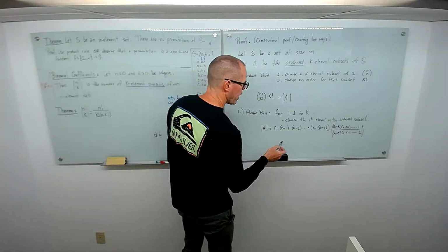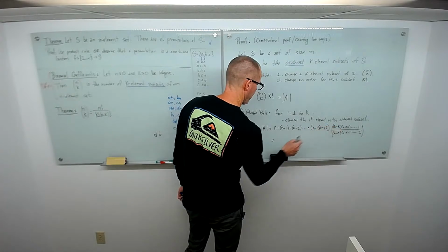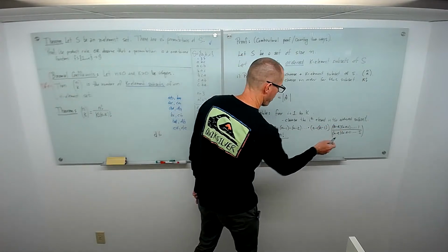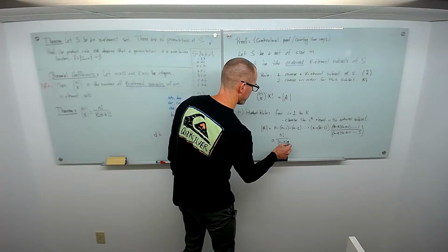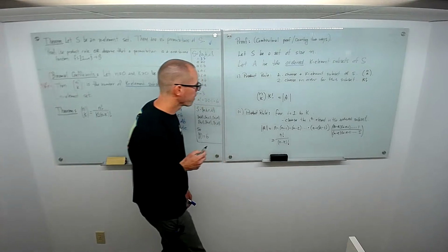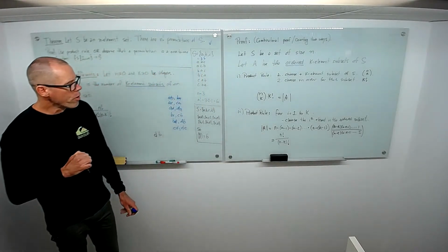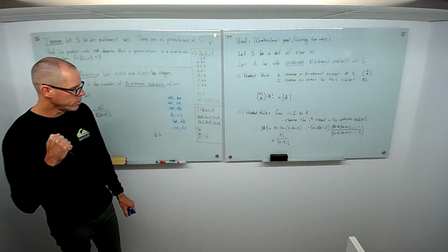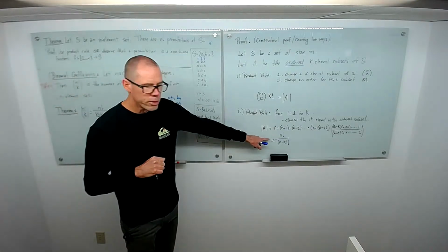And so what we get is, on top we have n factorial, and on the bottom we have n minus k factorial. So the size of A, the number of k-element ordered subsets of an n-element set, is equal to this formula.